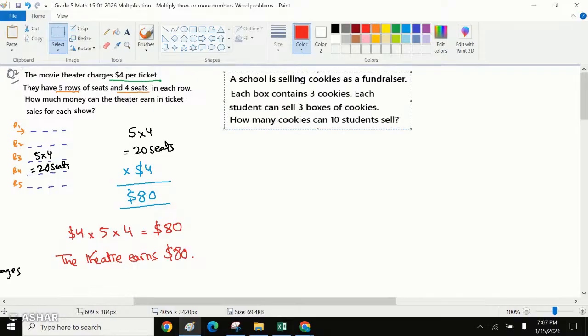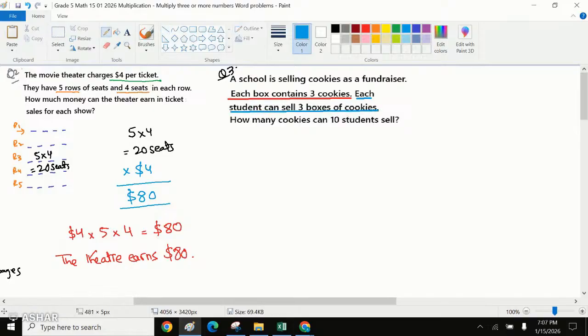Let's resize. Okay. For question number 3, it says a school is selling cookies as a fundraiser. Each box contains 3 cookies. If one box has 3 cookies, each student can sell 3 boxes of cookies only, right?